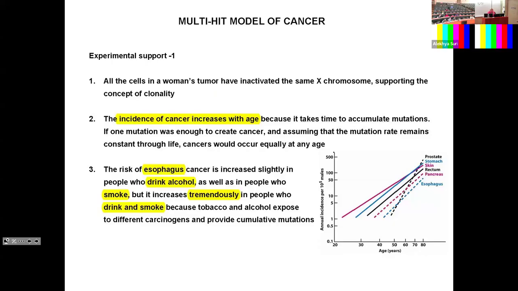You have the exposure to different carcinogens, and on top of that, the alcohol exposes you to different carcinogens and provides cumulative mutations. You remember, I don't know if you saw this in school, the liver is where we detoxify, right? We are going to see the carcinogens at the end. So if you drink alcohol, sometimes they use the same pathway, what they call the cytochrome P450.